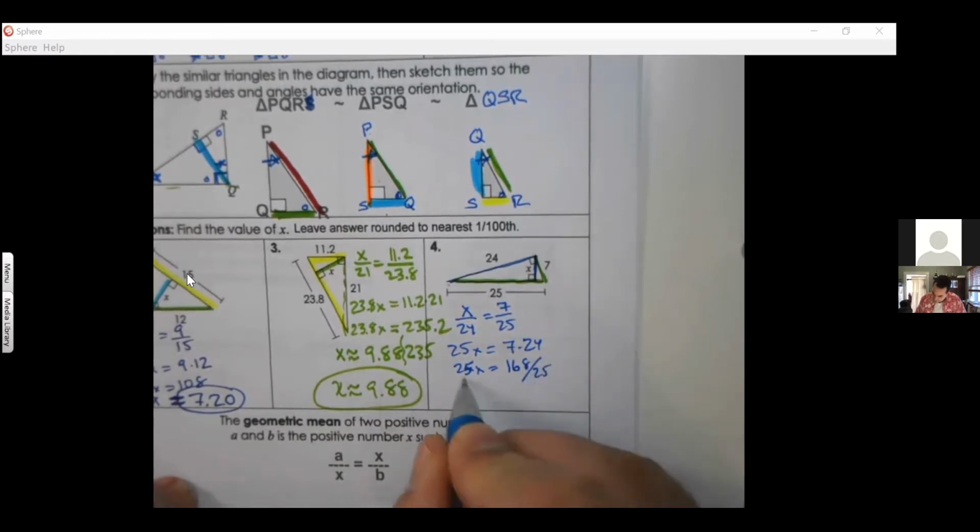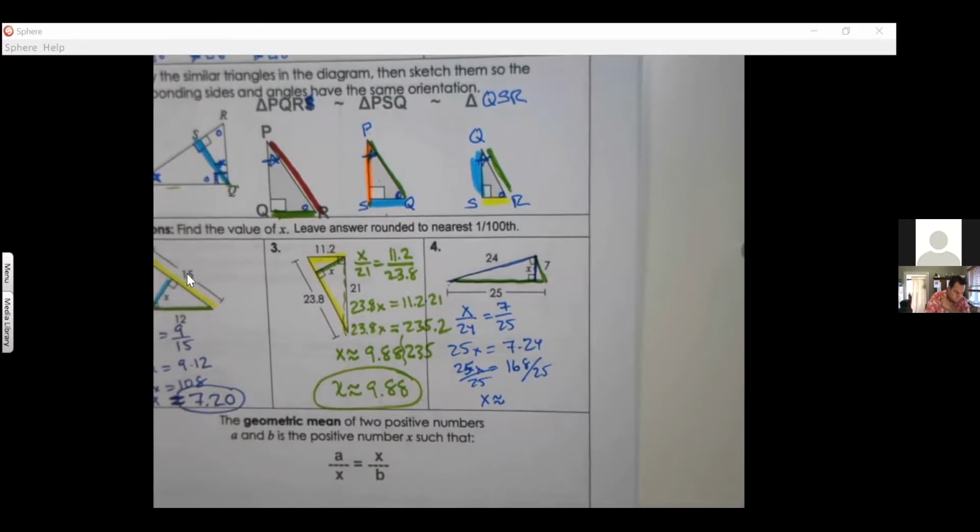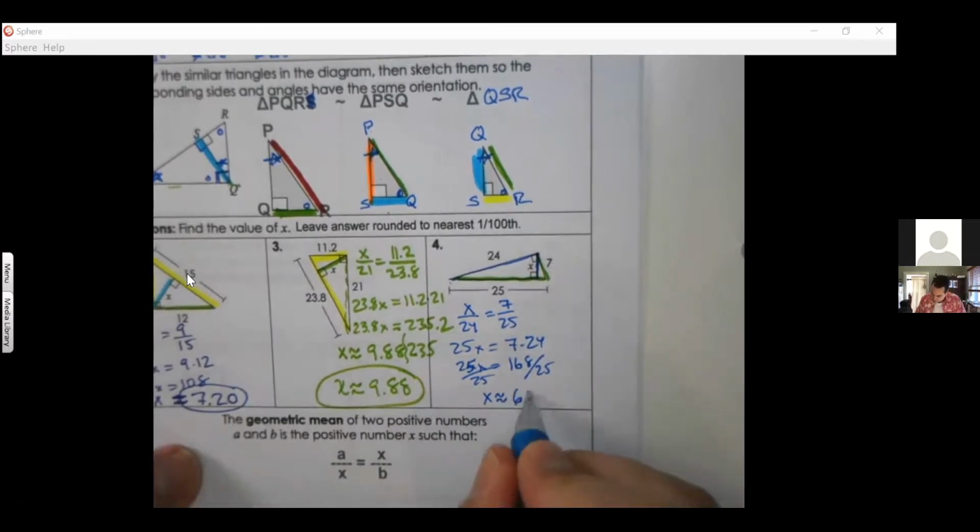Divide by 25. 6.72. And again, that comes out precisely. I don't need to put squigglies in there.